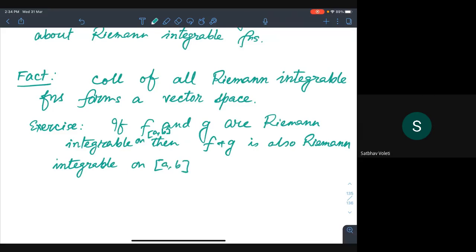So this is very simple. You take a partition for f, and you look at a partition for g as well, and then you take the common refinement, and there you look at the upper sum minus lower sum for f plus g. The lower sums of f plus g correspond to the lower sum of the f part, and similarly for g.